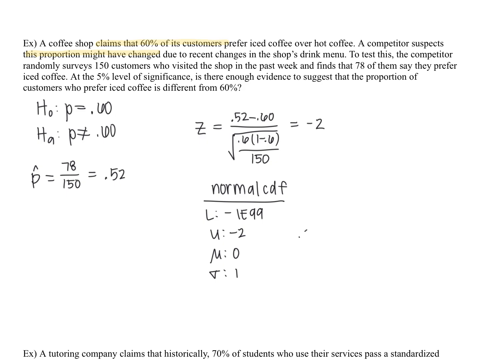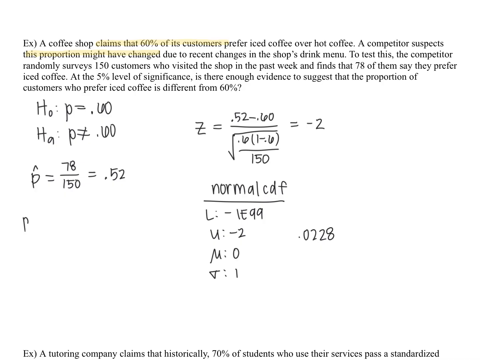So we're going to get 0.0228. Now, because my alternative hypothesis is does not equal, this is not my p-value. You have to remember that for a does not equal, my p-value has to be a combined probability that it could have been below or above.